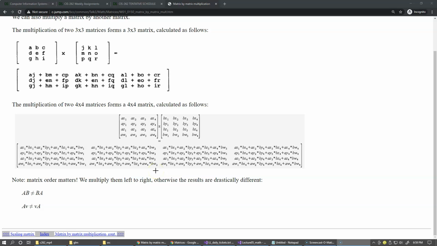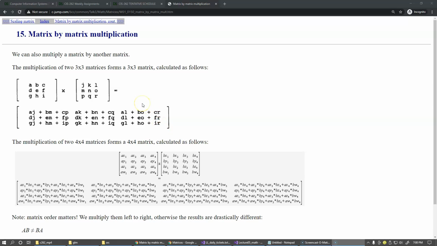If you're wondering why this topic is important, it is because when we have multiple transformations, like for example, we can generate a scaling matrix, we can then generate a rotation matrix, we can also generate a translation matrix, and then we can multiply them together.